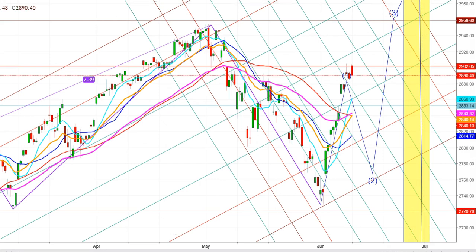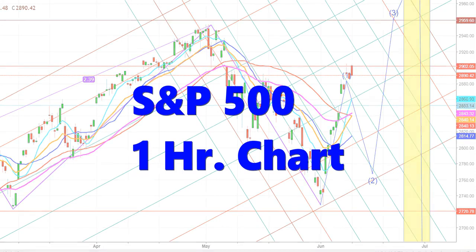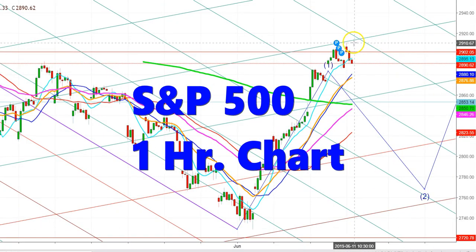Now let us see this move in an hourly time frame. So in an hourly time frame, here you can see that the S&P 500 has been constantly facing bearish pressure.